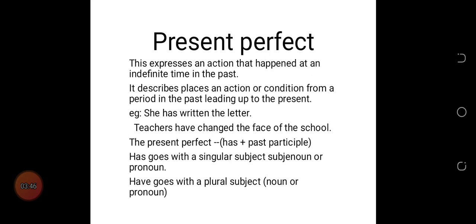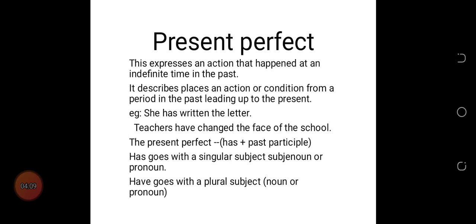All right. So in forming the present perfect, when we introduce the auxiliary verb has or have, we add the past participle form of the verb in the sentence to it. So in our first example, where we have written, it means that we have changed the form of that verb because we have introduced has.